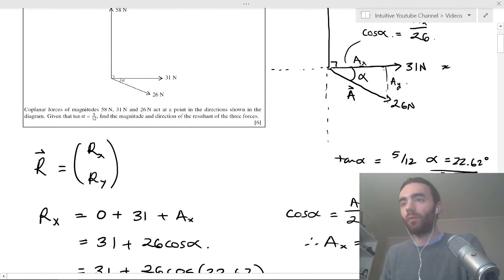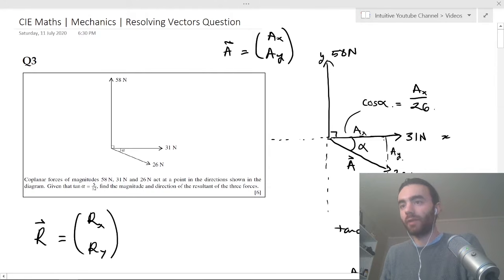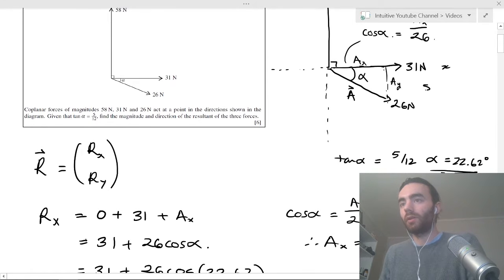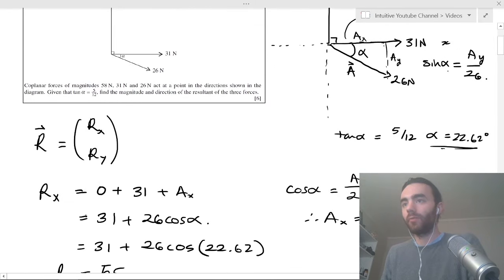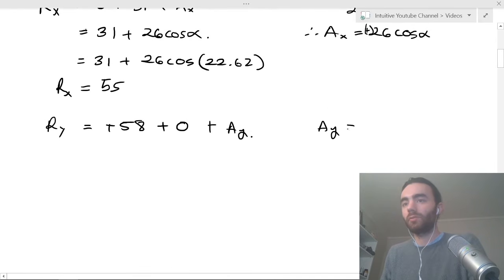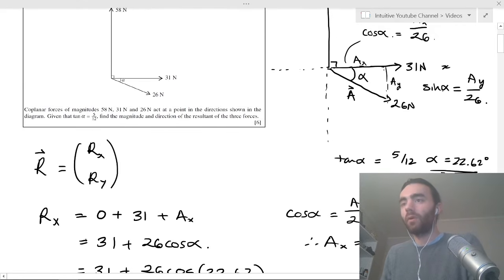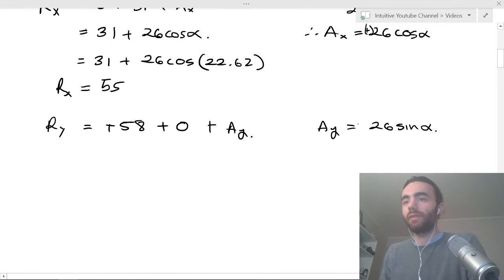Through a similar process, we know that sine alpha equals our ay, the opposite, over the hypotenuse 26. So ay is equal to 26 sine alpha. But remember, we have to take direction into account, and because this ay component is acting down in the negative direction, this is negative.